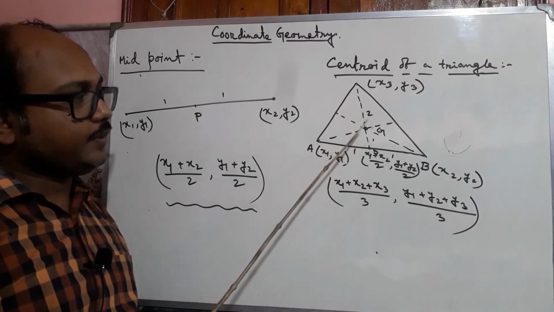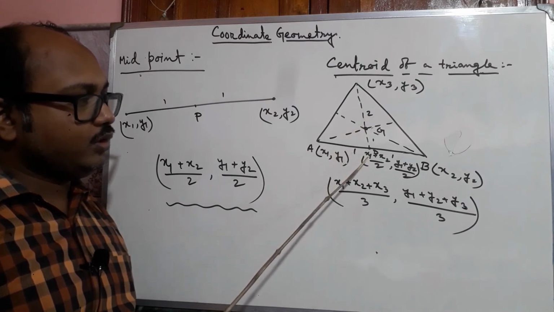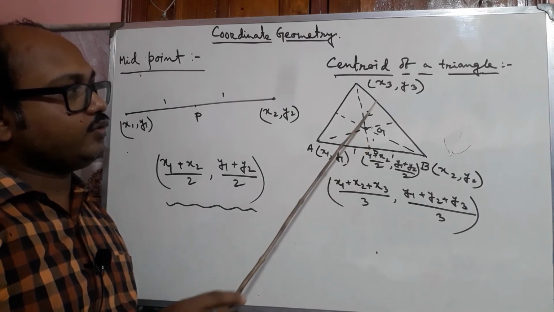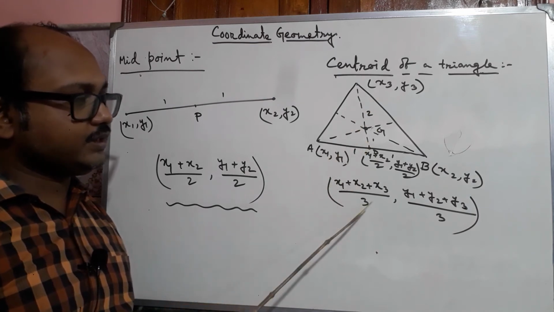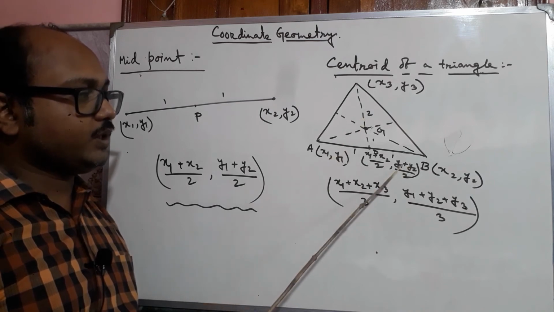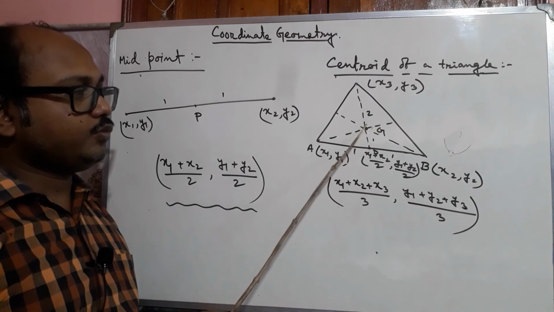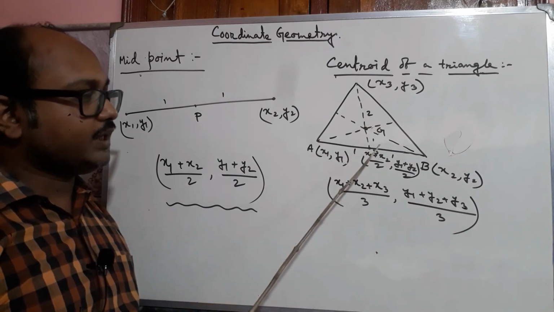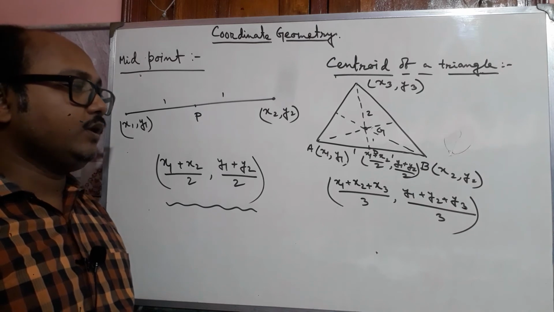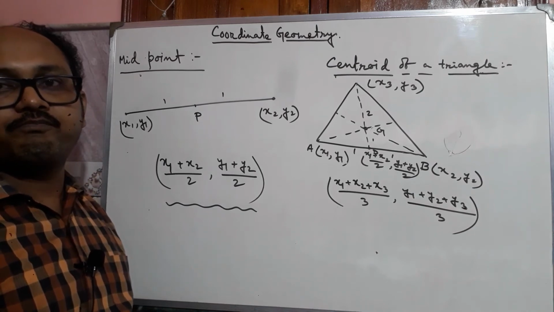So the coordinates of the centroid will be 2 into (x1 + x2) by 2 plus 1 into x3, by 2 plus 1, that is 3, and similarly 2 into (y1 + y2) by 2 plus 1 into y3, by 3. So ultimately it will be ((x1 + x2 + x3) by 3, (y1 + y2 + y3) by 3).